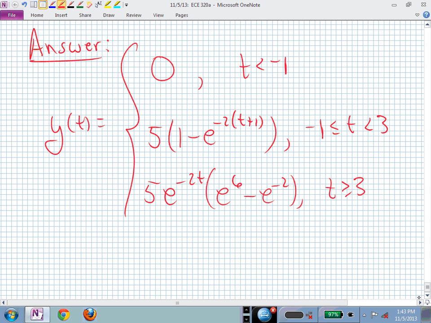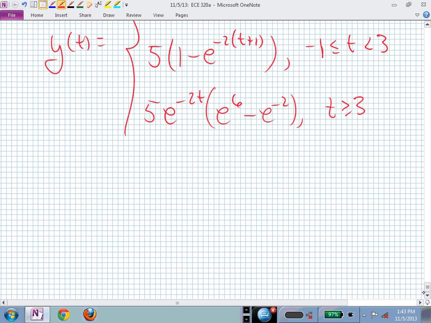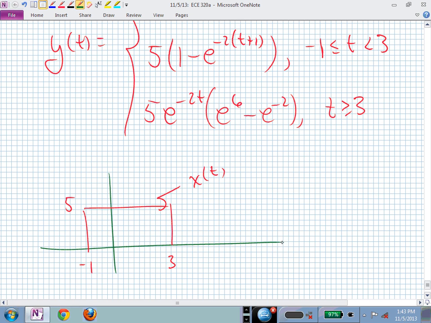What does that look like functionally? Can you picture that? What did we have? We had an input that was, let's say, minus 1 to 3. That was our x. And now we wanted to filter that with a low-pass filter.